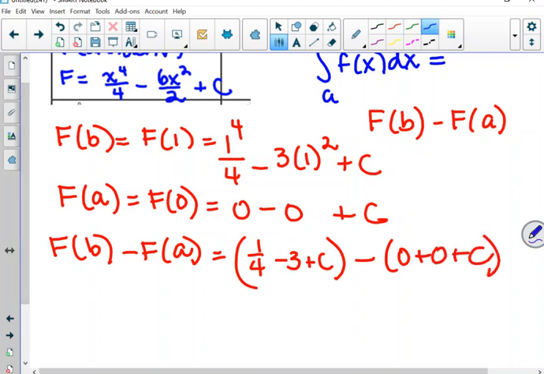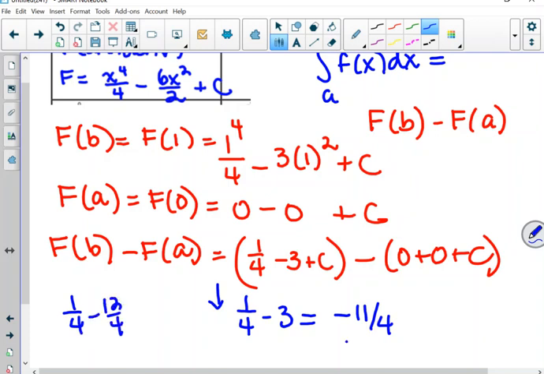The c's subtract away, and we have a bunch of zeros, so 1/4 minus 3 ends up as negative 11 over 4. You can do that on your calculator. You can make 3 into a fraction, 12 over 4, and negative 11/4 would be the correct answer.